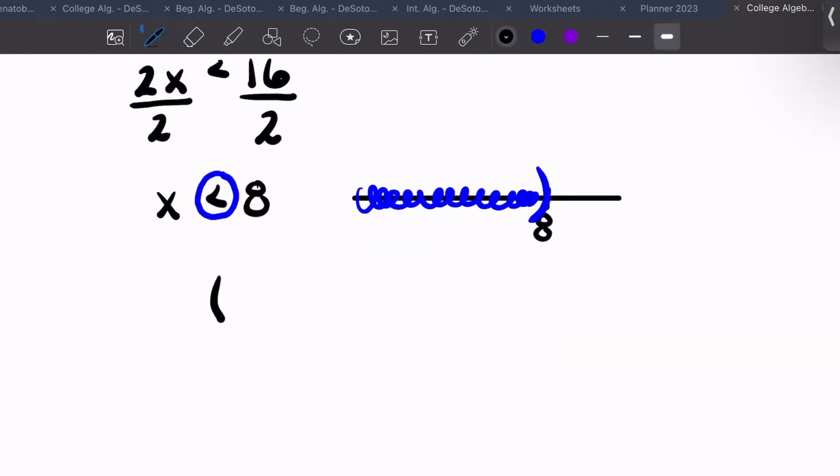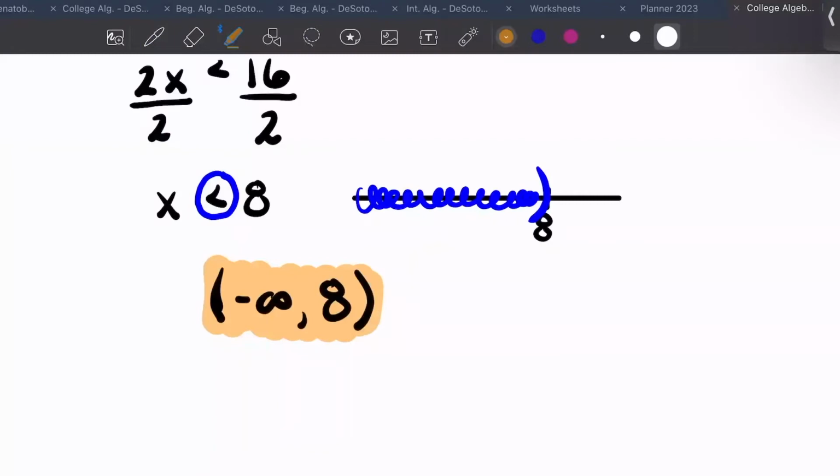We would have negative infinity, because that's where we're coming from, right? We're coming in from the left, right? We're always going to read this way. We're coming in from negative infinity, and we're getting really, really close to 8, but we're never going to get to it because we'll have a parentheses right there. And so x is less than 8 would look like this. Okay.